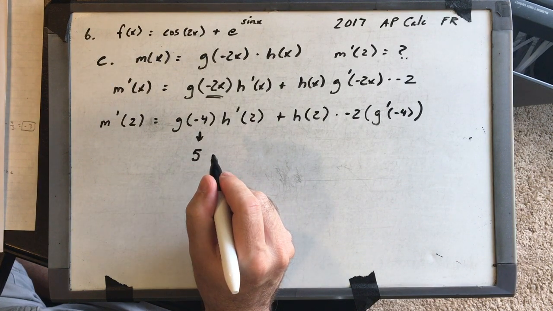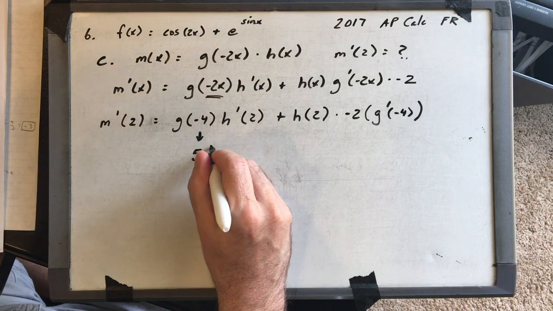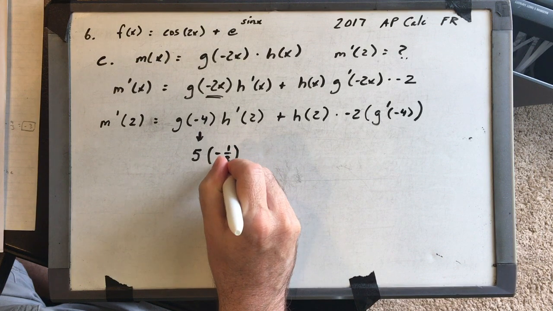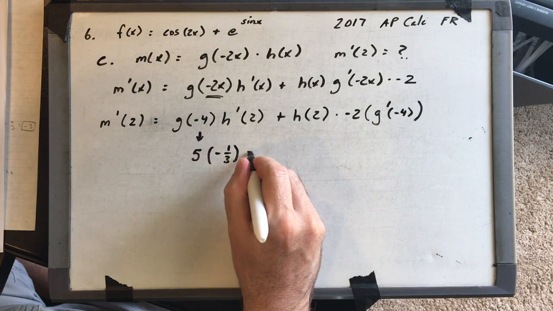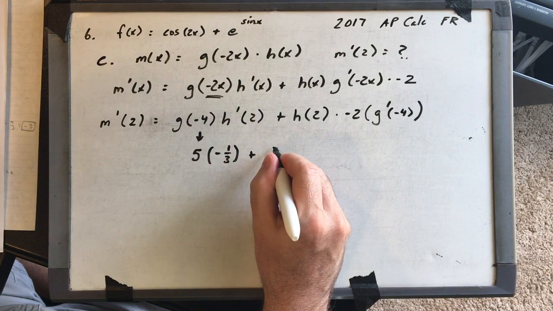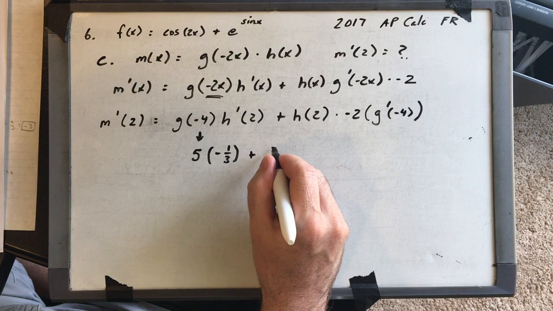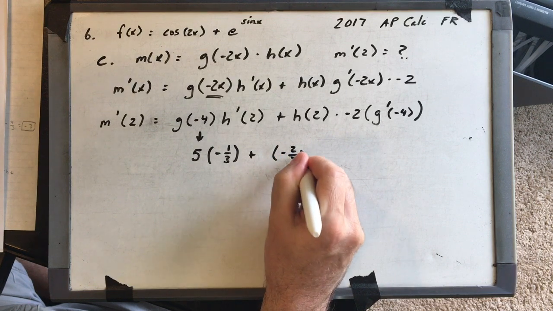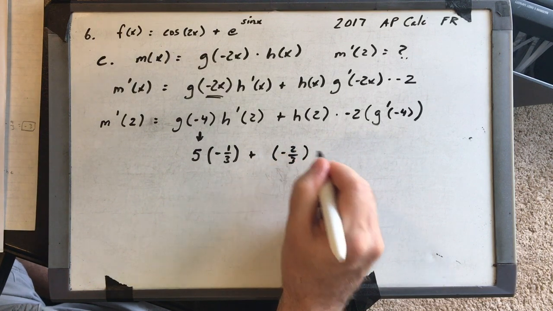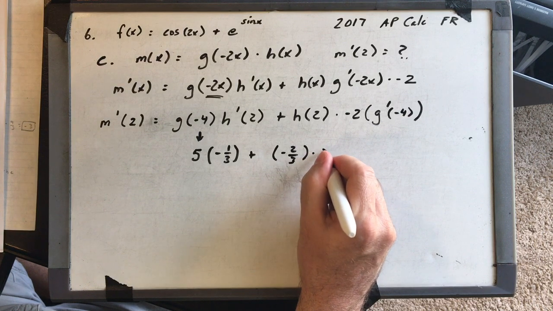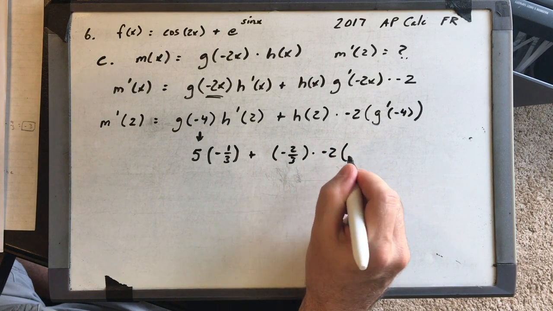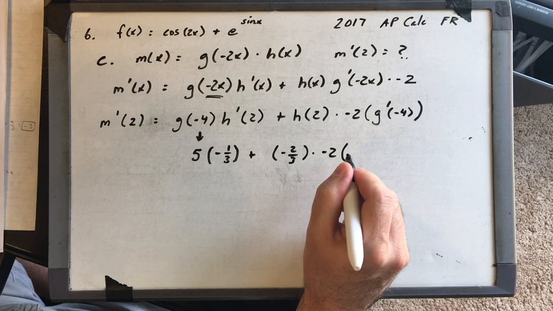H prime of 2, we just figured out in part B, that's negative 1/3. H of 2, we're going to have to read the graph, and that's going to be negative 2/3. And then we have times negative 2, and then g prime of negative 4 is in the table.